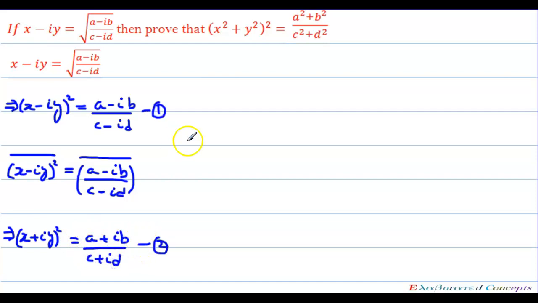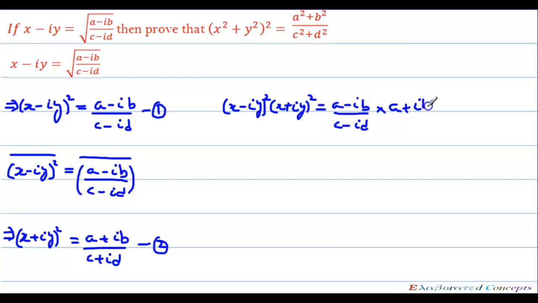Now multiplying the two equations, we get x minus iota y into x plus iota y whole square equals a minus iota b upon c minus iota d times a plus iota b upon c plus iota d.